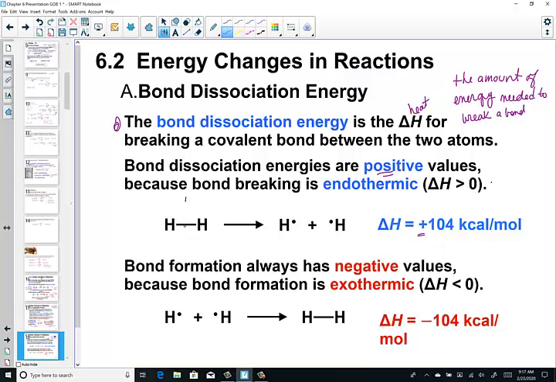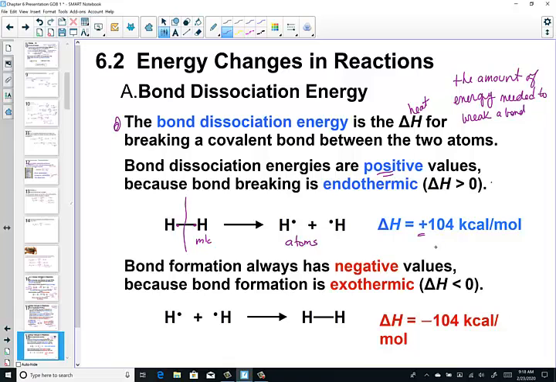So to break a bond, which is the term cleave, to cleave a bond, each of the atoms receives one electron, right? So I'm breaking this, the two electrons that are in the shared pair cut right down the middle, and we form atoms. So we had a molecule of hydrogen go back to two separate atoms. To do that required 104 kcals of energy.